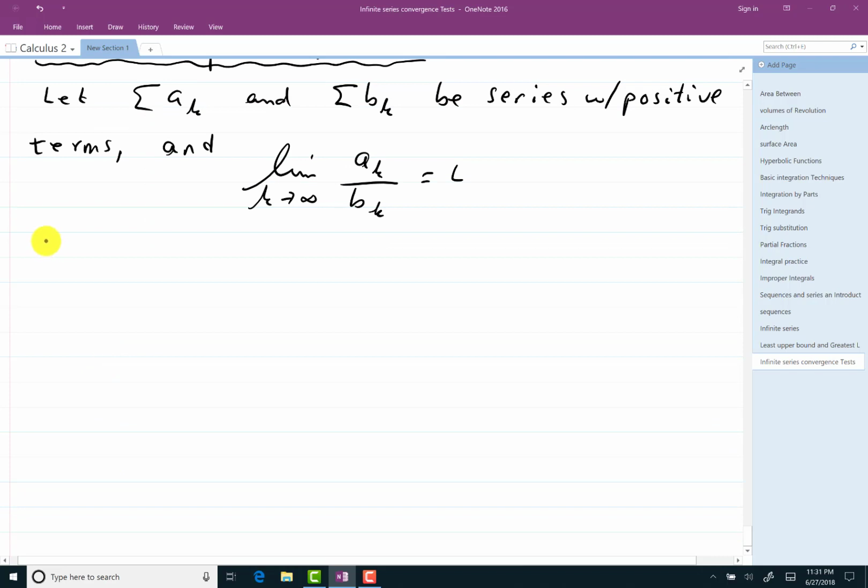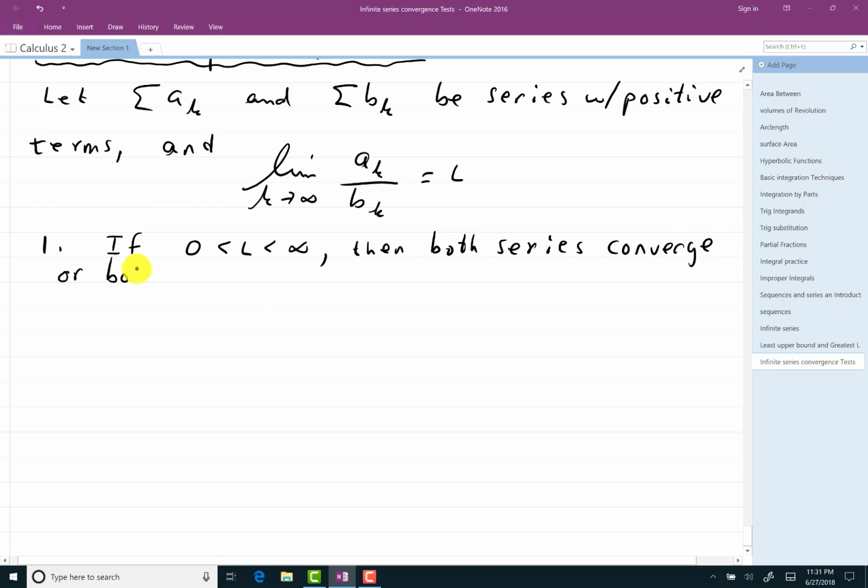We have three cases then. If L is between 0 and infinity, that means L is positive and finite, then both series converge, or both series diverge.